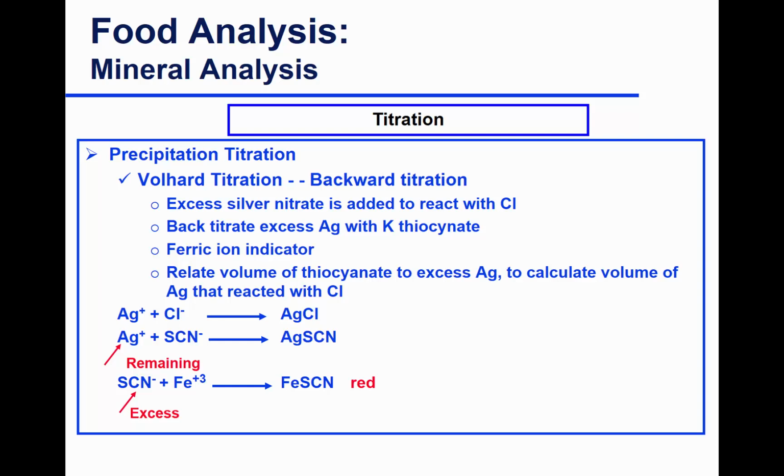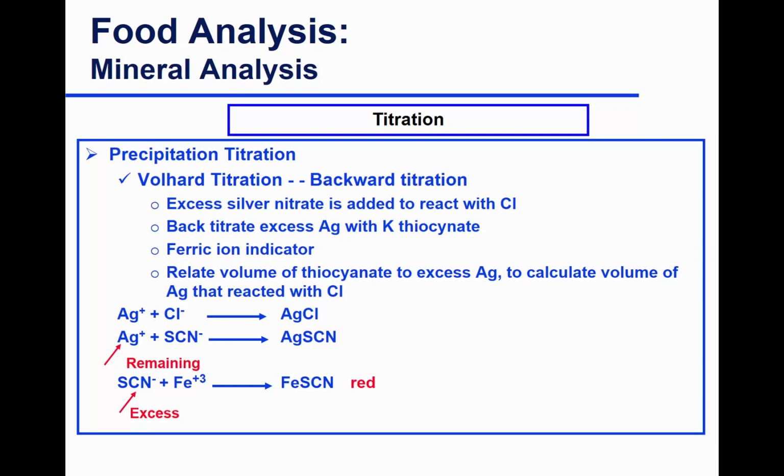Volhard titration is another form of titration used for salt, but it's a backward titration. It's backward because instead of titrating with silver nitrate directly, you add excess silver nitrate directly to your sample, and some of it will react. Once all the chloride has reacted with some of the silver nitrate, the excess, the remaining silver, will be titrated with potassium thiocyanate.